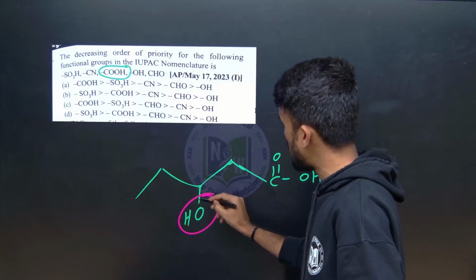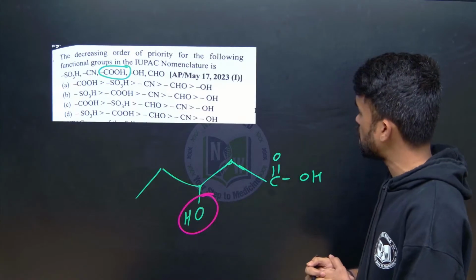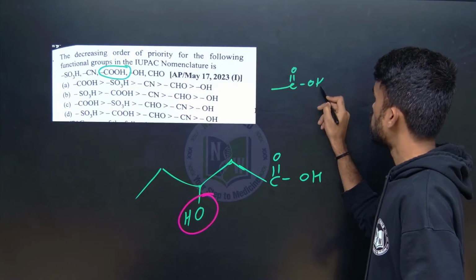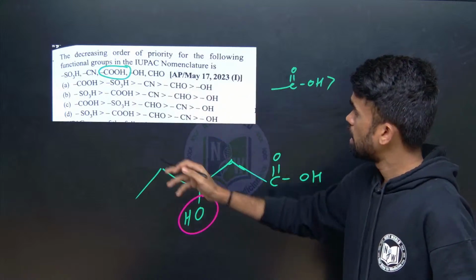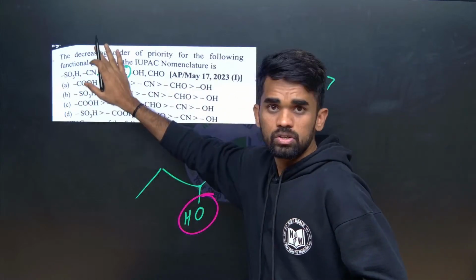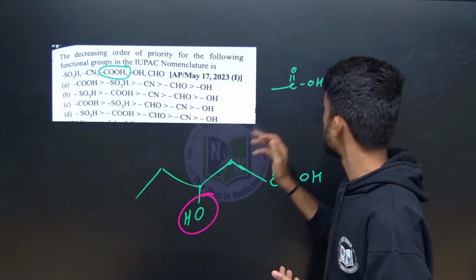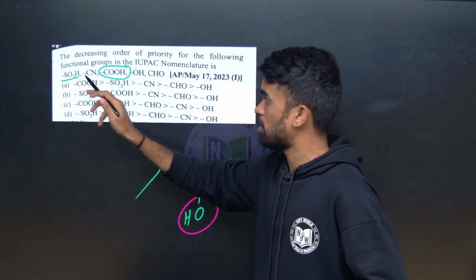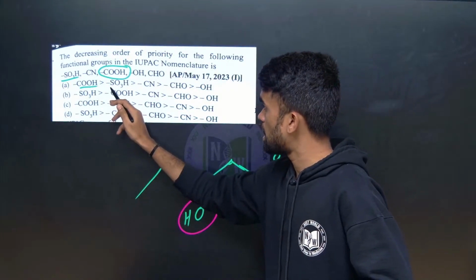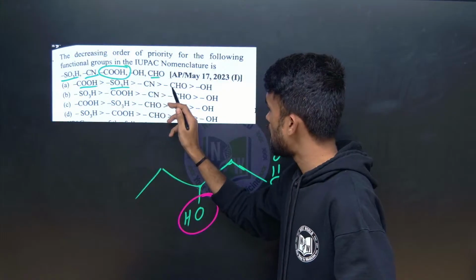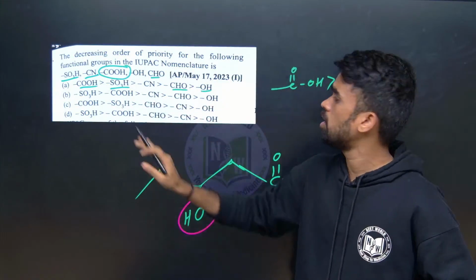Okay. So based on the priority order, how can we give the priority? First of all, carboxylic acid is given more priority. Then next sulfonic acid, like that. So this is a question based on the order of priority of the functional groups, right? First carboxylic acid, then sulfonic acid, next CN, cyanide, then aldehyde, and alcohol is the least in the given list.